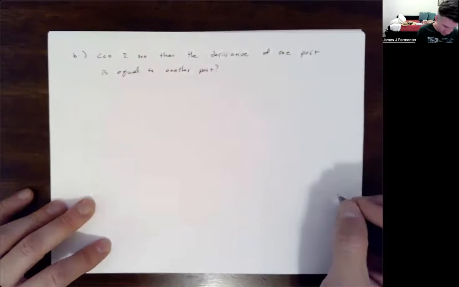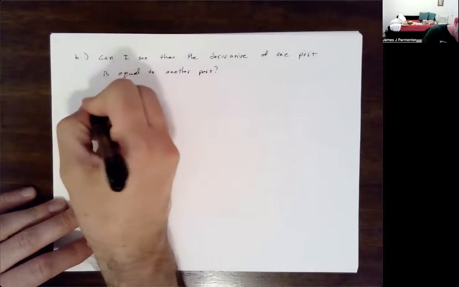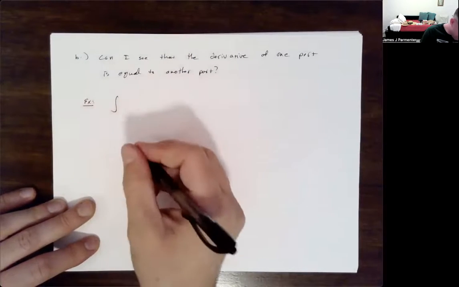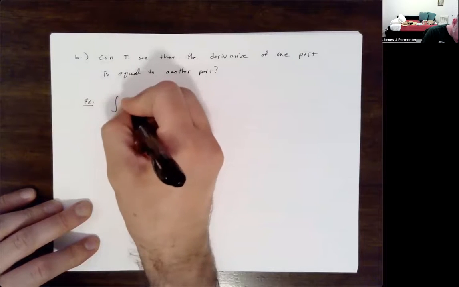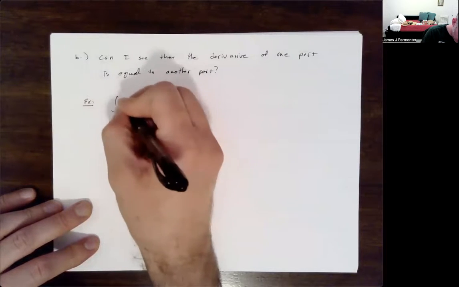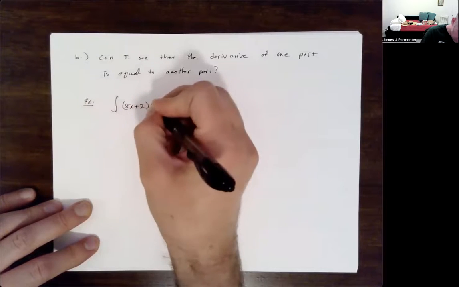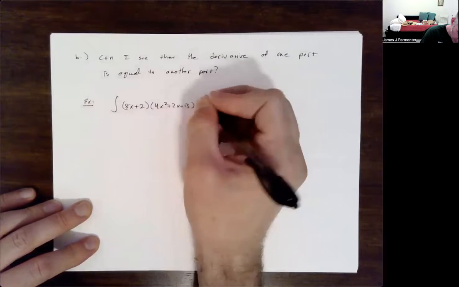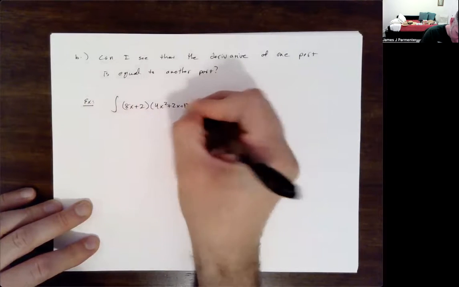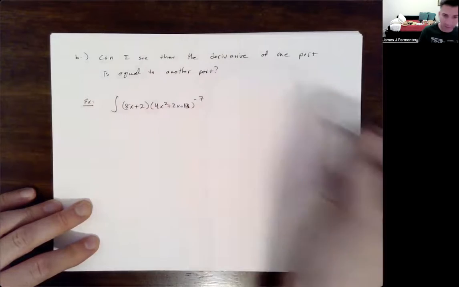For example, if I had the integral of, sure, let's say 8x plus 2 times 4x squared plus 2x plus 13, that's a 13, believe it or not, to the negative 7th power dx.